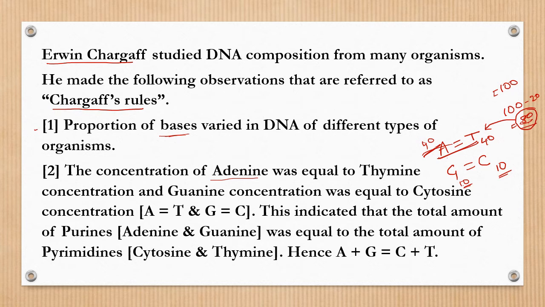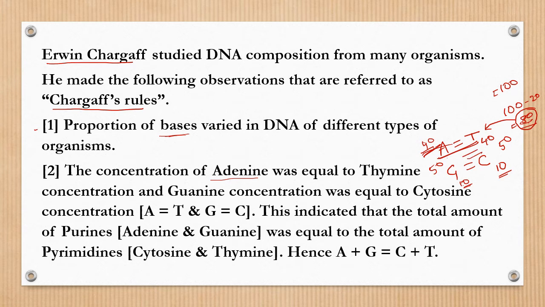Now, this indicates that the total amount of purines is equal to the total amount of pyrimidines. Here purines are A and G: 40 plus 10, which is 50. Pyrimidines are T and C, thymine and cytosine: 40 plus 10, which is 50. So the amount of purines is equal to the amount of pyrimidines.